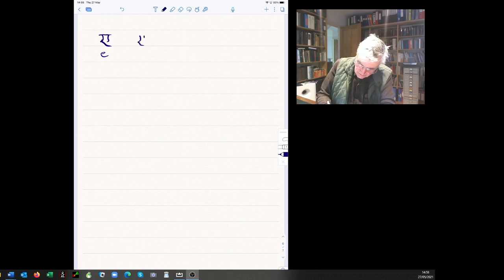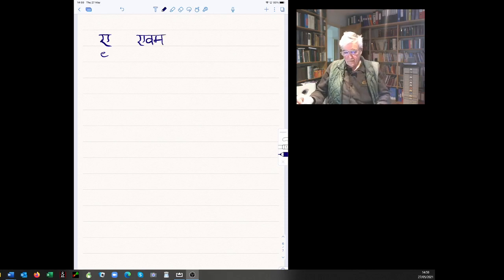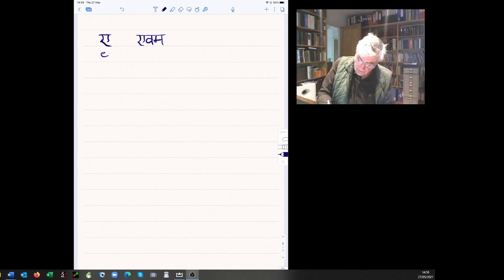Again, write it in full because it begins the word. The v, that's the v. Evam. Now, for the eagle-eyed among you, have I written evam? Actually, I've written evam because I haven't put the virama. And I put the virama, that little stop there, so that now is evam.